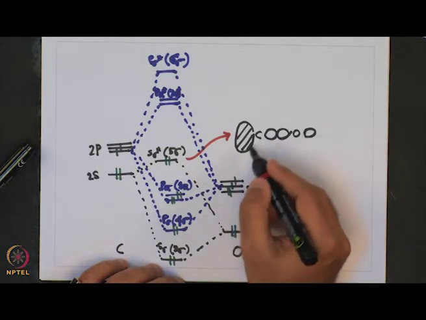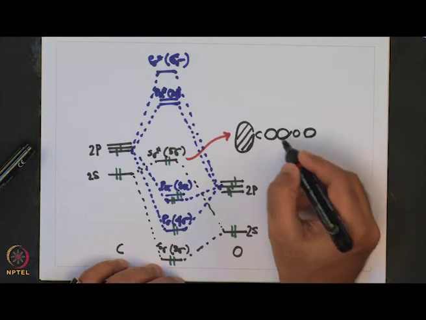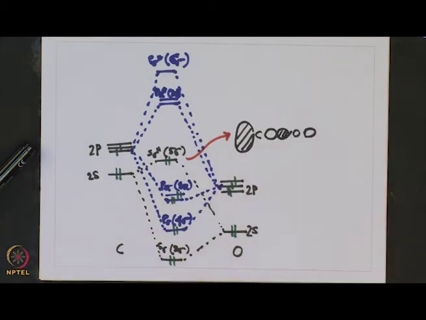So, you have something like this, and this is the frontier orbital, and then this pi star is the empty CO orbital.